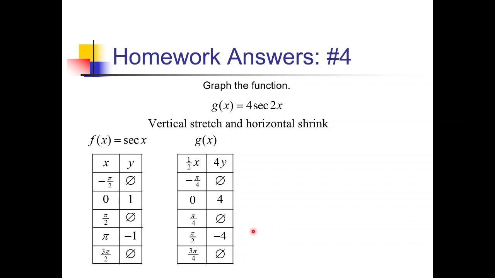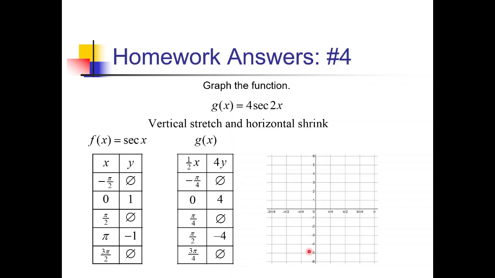So I'm going to make my x values go by, it looks like pi over 4 is a good interval to capture all those. And then the y values can still go by 1s if I'm going from negative to positive 6. All right, so graphing this out, we have negative pi over 4 right here, and that's an undefined asymptote, so let me just draw that in. Next, we got 0, 4, asymptote at pi over 4.